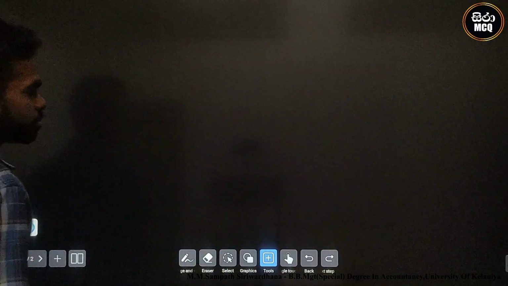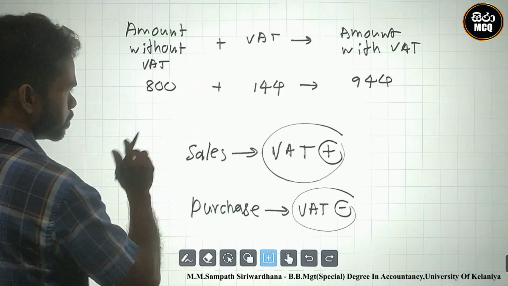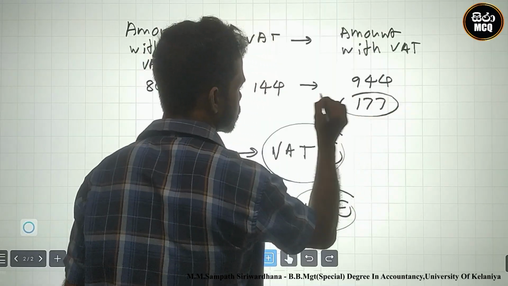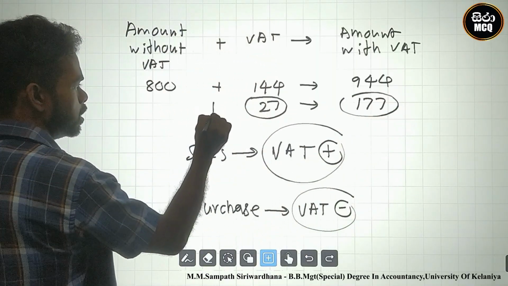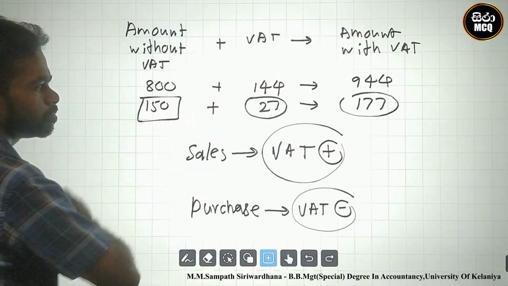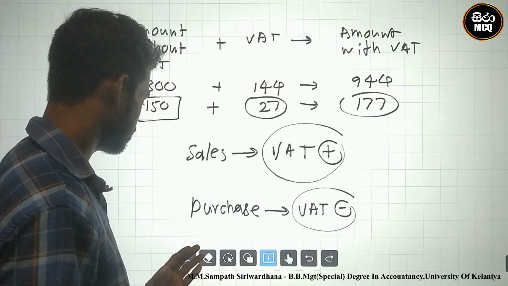At this point, what is the schedule? 177 is there, 27 VAT is there, without VAT is 150.